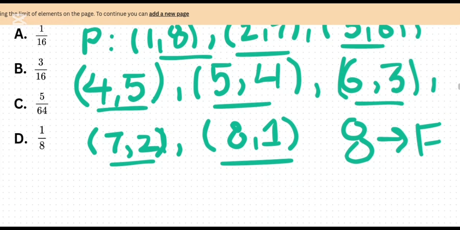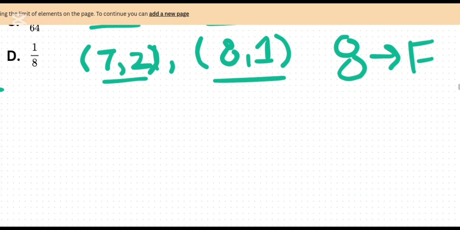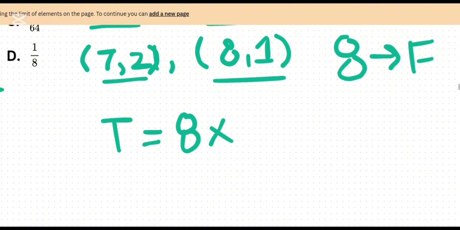Now we will write the total. The total outcome is 8 multiplied by 8. In the question they said the spinner is spun twice. So you can write it like 8 square, or 8 multiplied by 8, so it becomes 64.